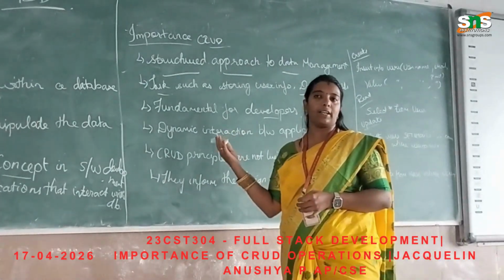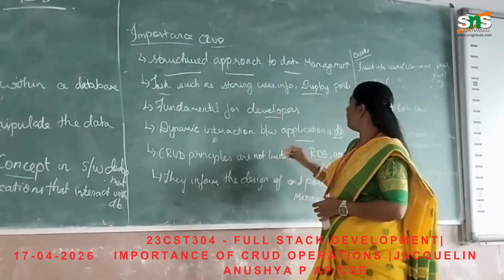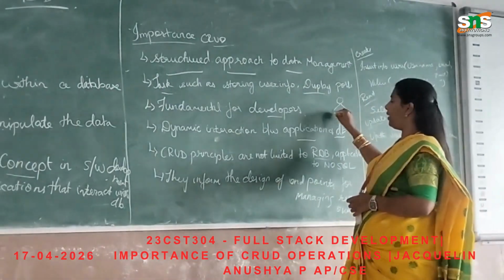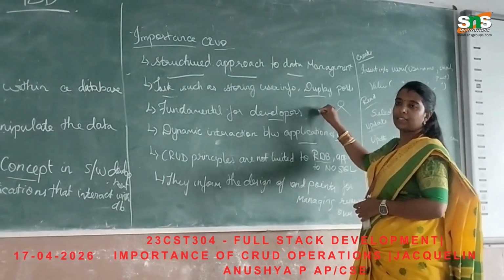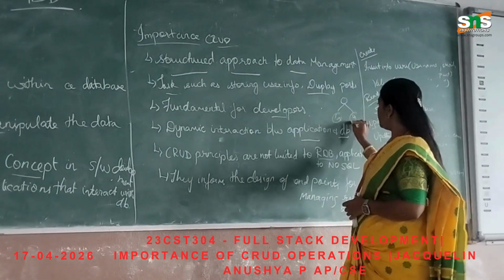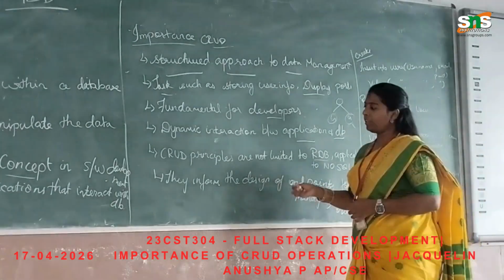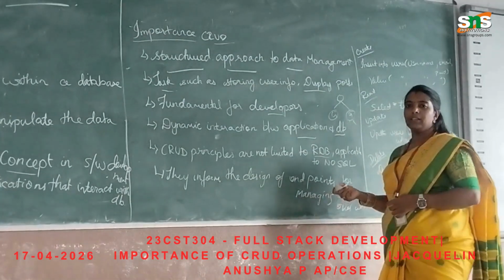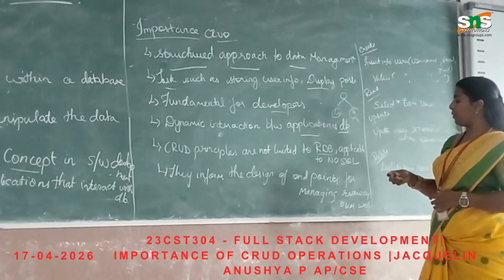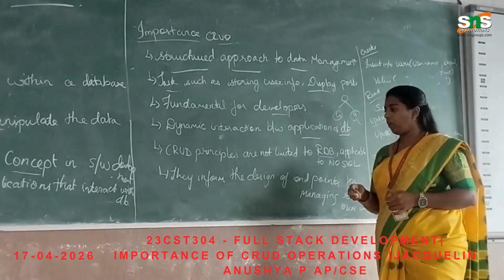For example, we can take a node, where we have a parent node, and from that parent node we have sibling nodes of father, mother, grandfather, grandparent. So we can have other nodes that lead to relational databases. That way, CRUD principles are not limited to relational databases, but are also applicable to NoSQL.